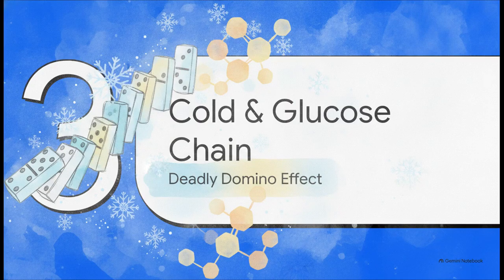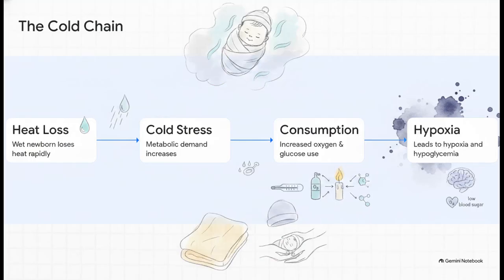All right, Section 3, the cold and glucose chain. This is a deadly domino effect, and honestly probably the most highly testable concept you're going to see. The cold chain perfectly illustrates why something as simple as keeping a baby warm is actually a critical, life-saving intervention. See, newborns have this massive surface area compared to their body mass. They have very little fat, and this is key, they cannot shiver. So, Step 1, a wet newborn instantly experiences heat loss.